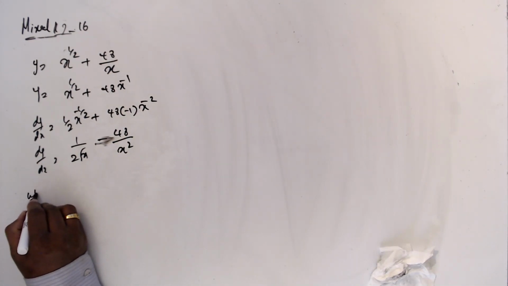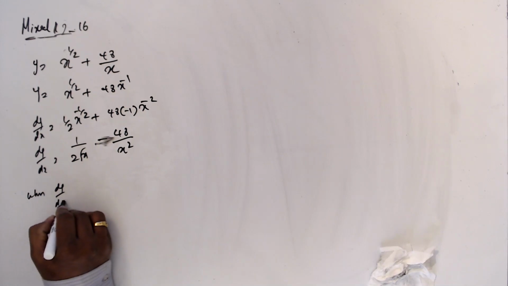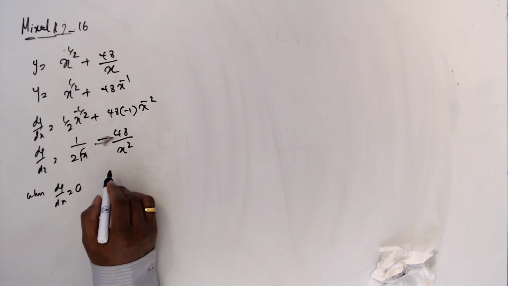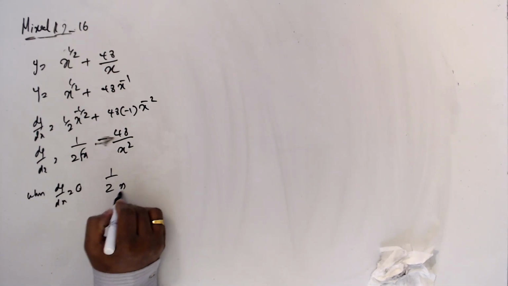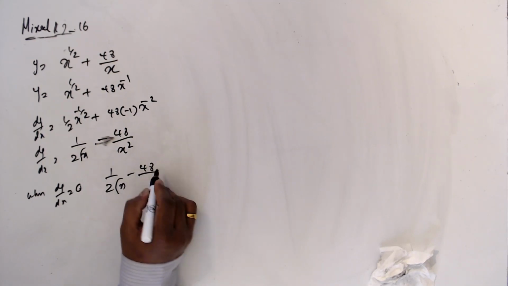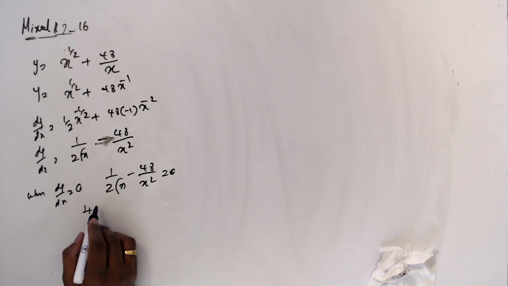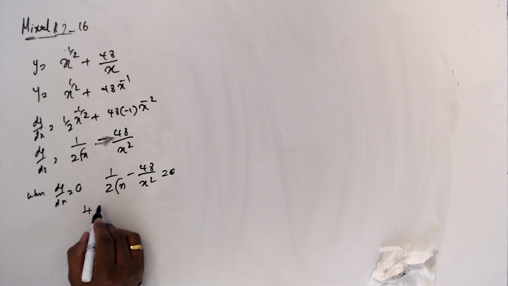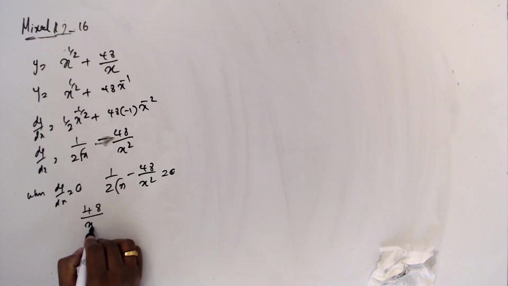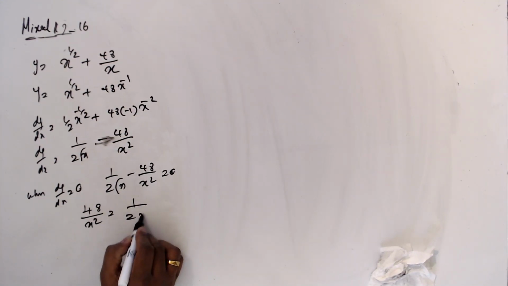So when dy over dx equals 0, 1 over 2 square root x minus 48 over x squared equals 0. It means 48 over x squared equals 1 over 2 square root x.